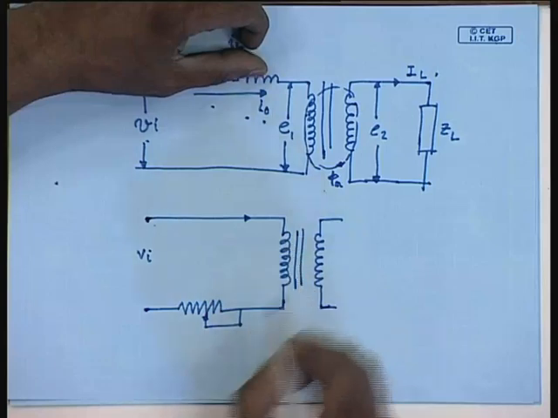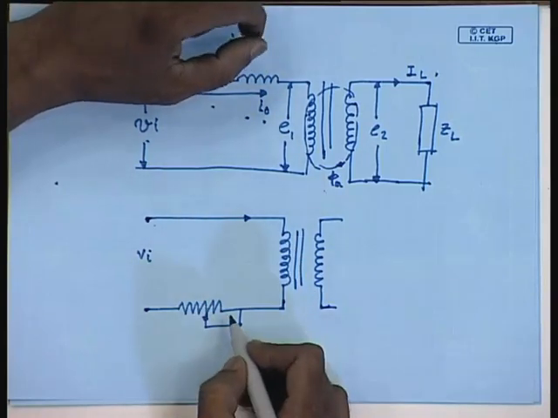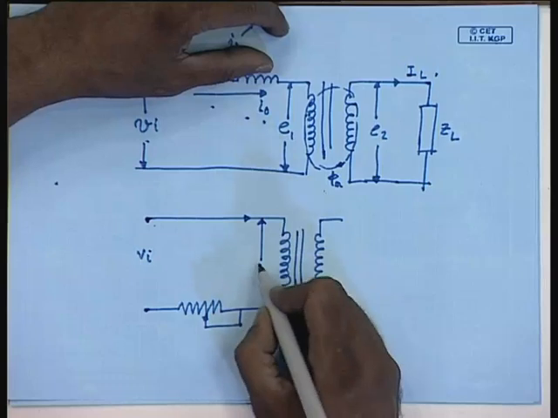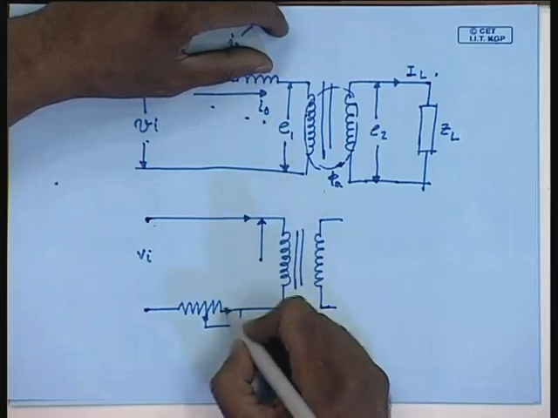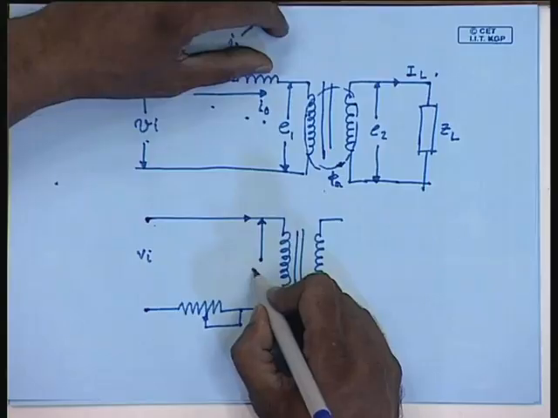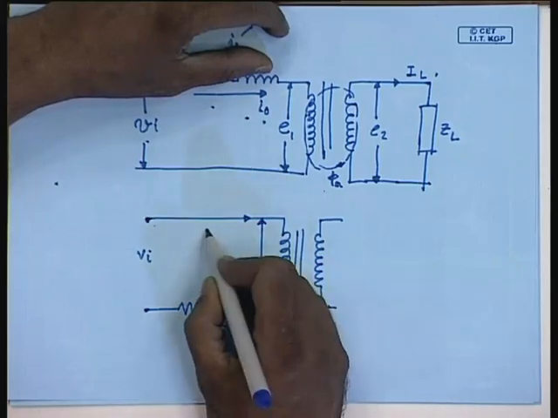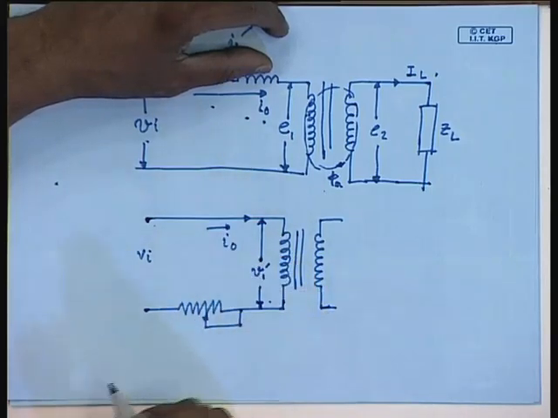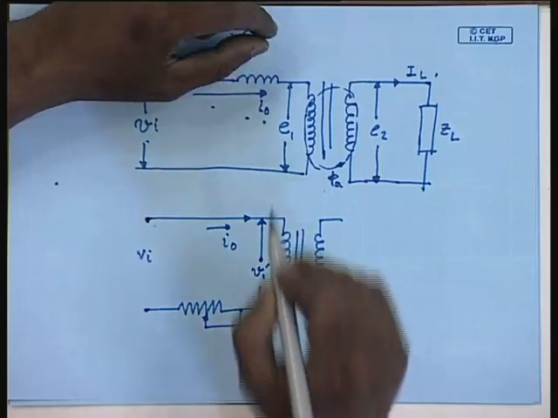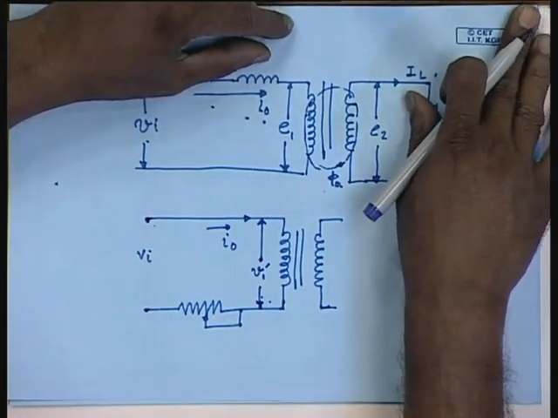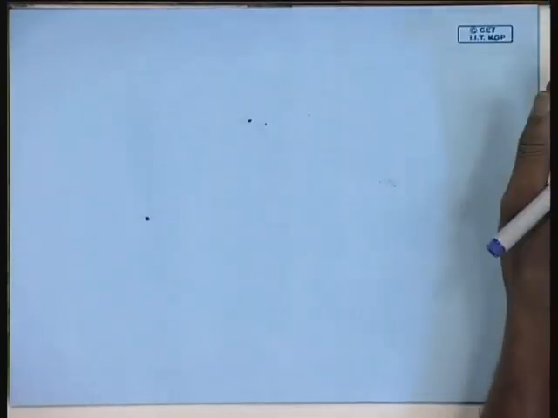then the current drawn by the transformer will be non-sinusoidal and the actual voltage across the transformer will also be non-sinusoidal. This will make the flux non-sinusoidal with predominantly third harmonic component.